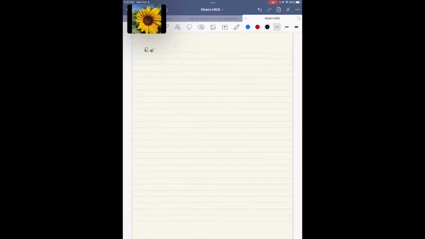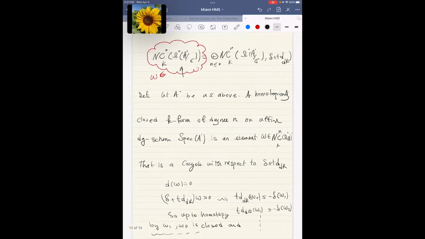So remark, by construction, any such homotopically closed form omega is a series, and it has a free term omega 0. Sometimes this is called omega 1. If you look at the notation, for instance, as soon as I fix k to be 2, I'm looking at the series of two forms.